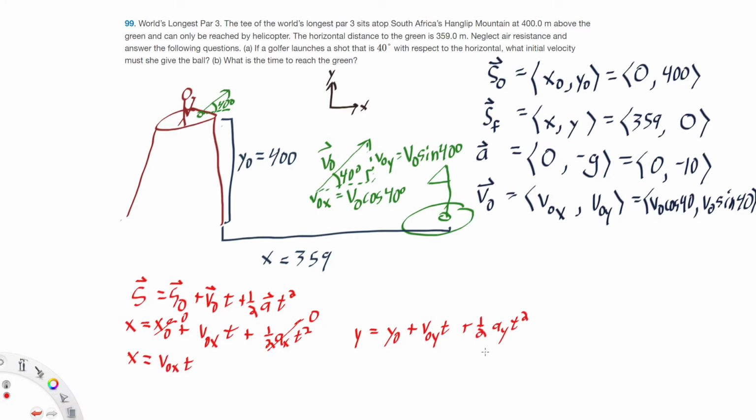What about the y direction? Do we have anything in the y direction that's going to be 0?